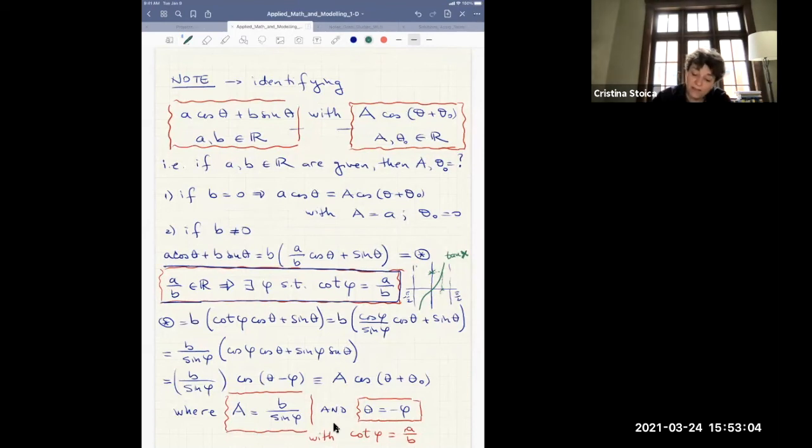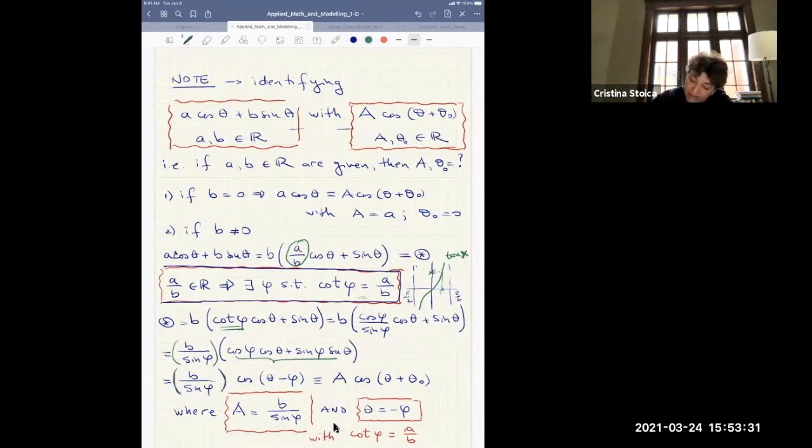Okay, and once we put it in these terms, b cot, this fellow here, it's written as a cot, but cot is cos over sine. And now I'm using my trig. And here inside is nothing else but cos of theta minus phi. And in front I have this coefficient.